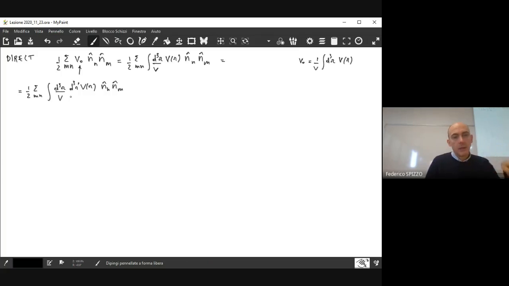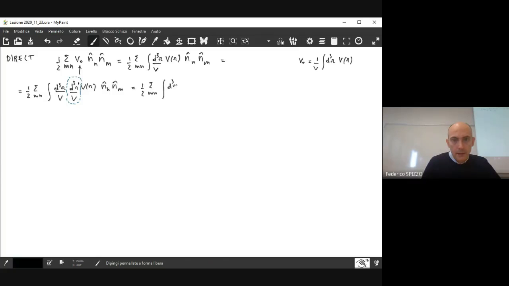So the integral over d3r prime just gives me a volume. To compensate that, I divide by a volume. So in this case, I introduce this new term here. So I add the integral over d3r prime, and I divide by the volume to compensate the additional volume that comes from the integral.